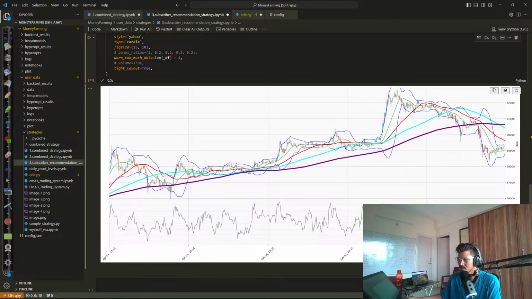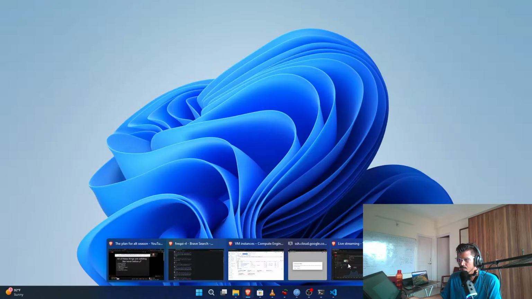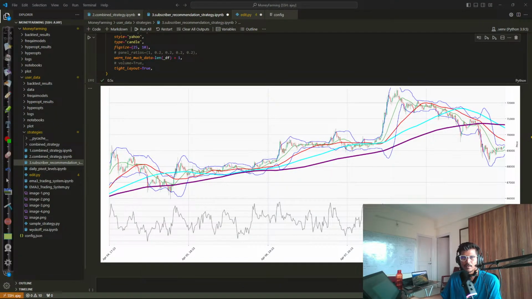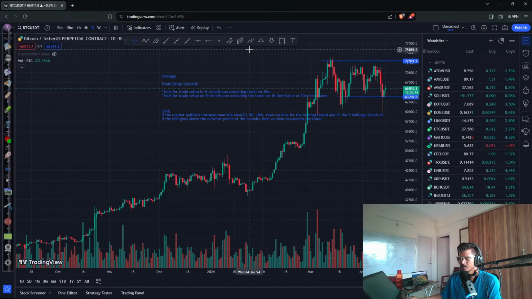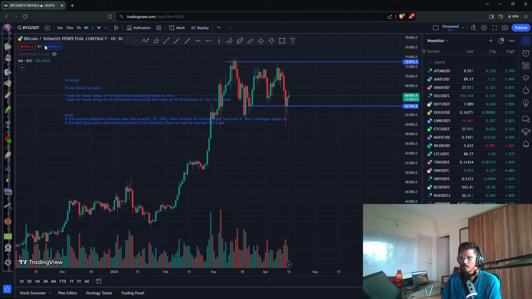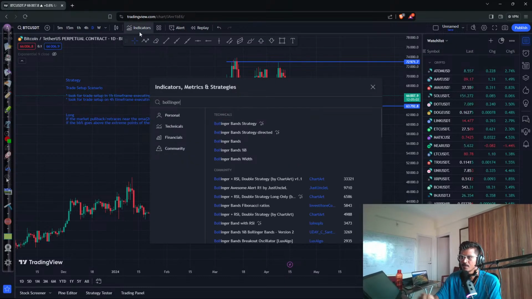So let's see. So this is our Bollinger bands, and in general, what happens on TradingView is, so I'm gonna lay out the Bollinger bands percentage width, or just width.